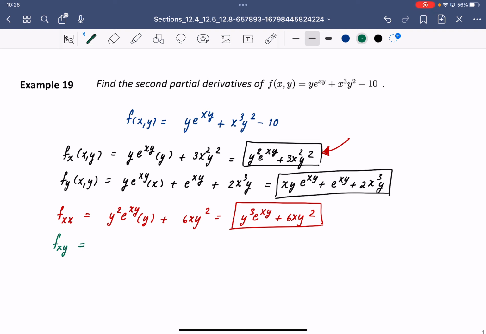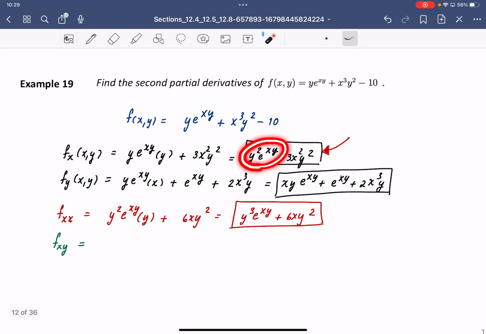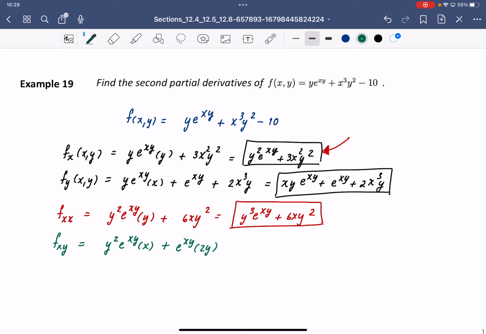You're going to use the same thing in the box here, but now you take another derivative, this time with respect to y. You have to use the product rule here and then differentiate. The product rule for this term gives you y squared e to the xy times x, because now you differentiate with respect to y, and then plus e to the xy times 2y.